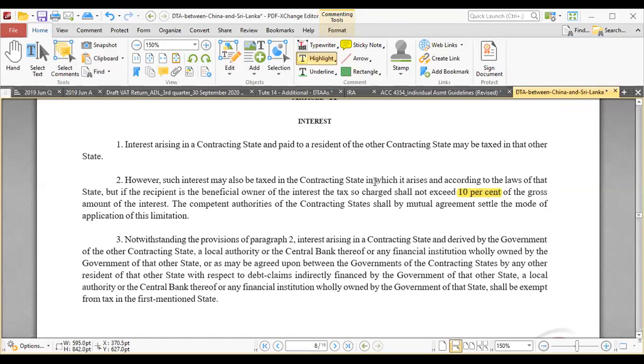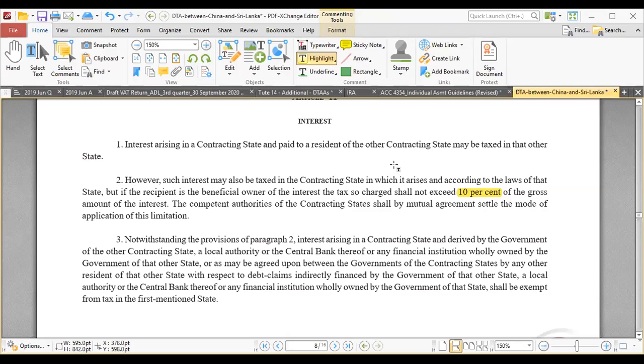But the IRA says 5% for the 9-month period. Then what is more burdensome? If the DTA says a higher rate, but the IRA says a lower rate, are we going to apply the higher rate? No. We can apply the lower rate as per the IRA. Then 5% we can deduct.